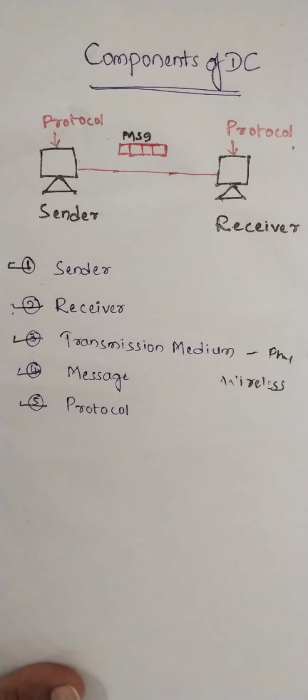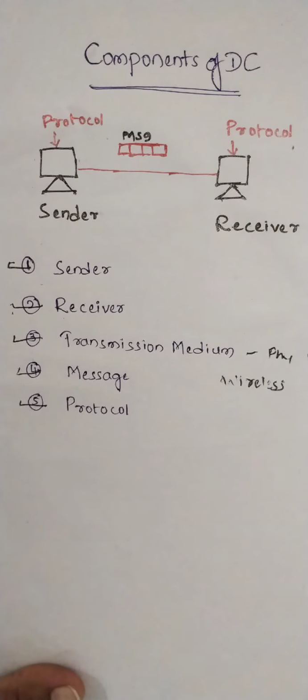The next one is the protocol. Here the protocol means, to send the information from the sender to the receiver, it gives some set of rules. By obeying those rules, the sender sends the information and the receiver receives that message.